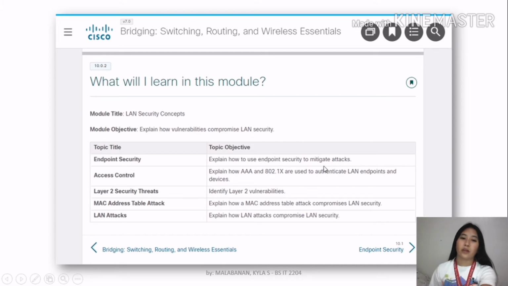So we know how to use endpoint security to mitigate attacks, how AAA and 802.1X are used to authenticate LAN endpoints and devices, and we identify Layer 2 vulnerabilities. We know the MAC address table attack compromises LAN security, and LAN attacks compromise LAN security.